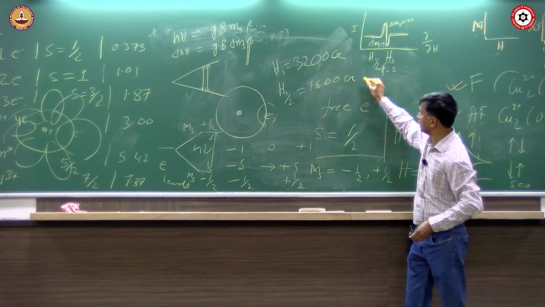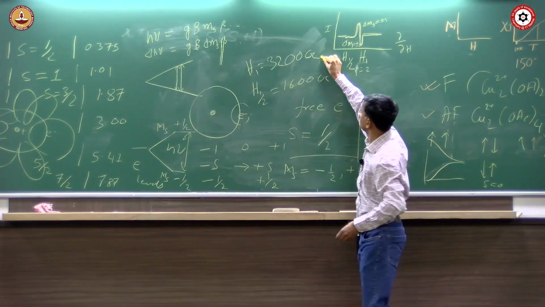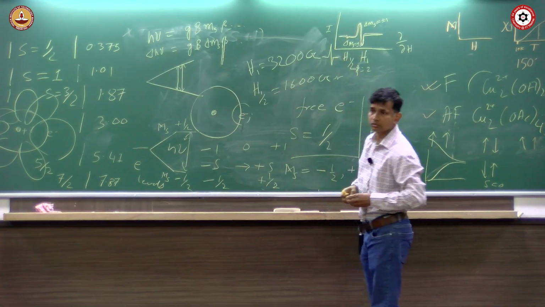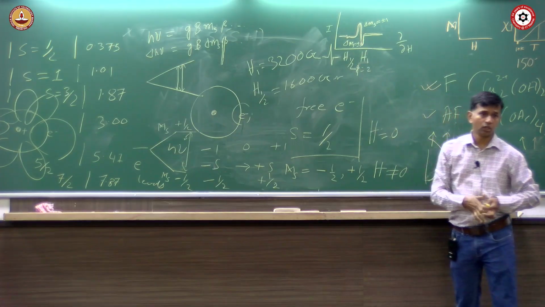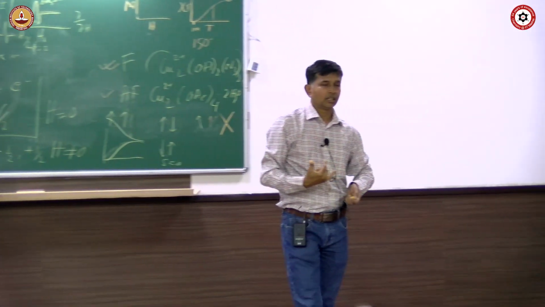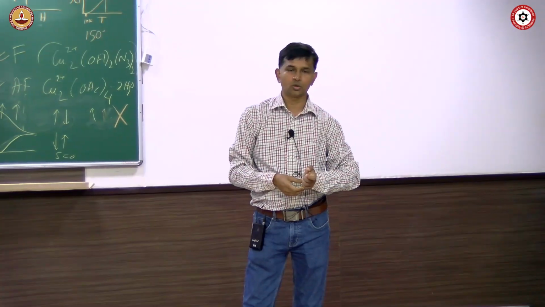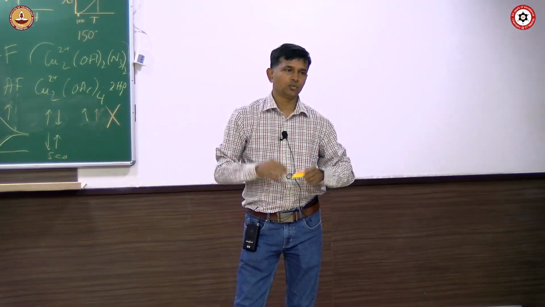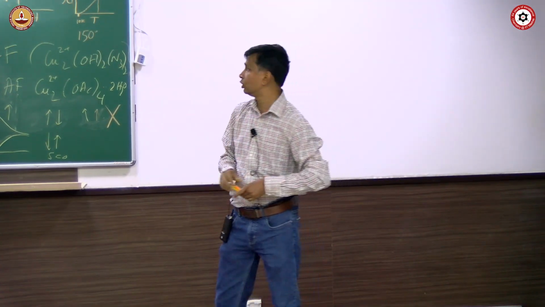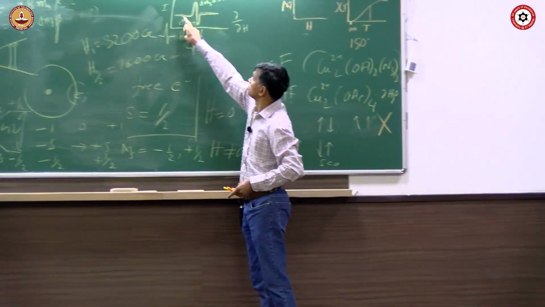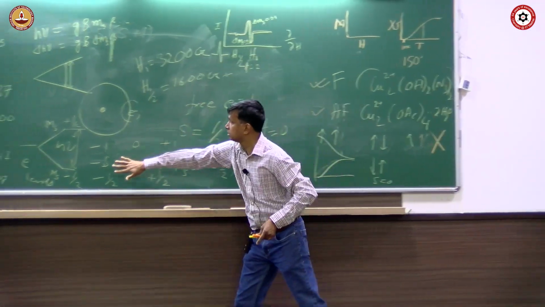So this signal will be weak, a small signal, and this is a huge signal. So these are the two signals you have seen. So EPR spectroscopy can tell me whether it is a singlet species or a triplet species. If you have an organic radical with one radical center, it will not produce a signal here, only here because of this transition.